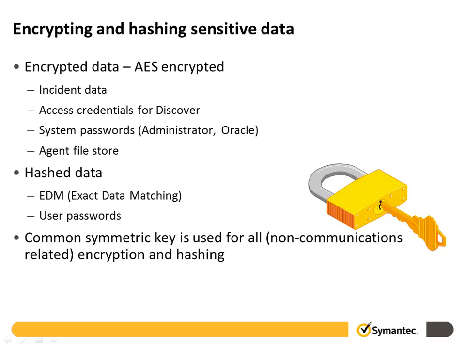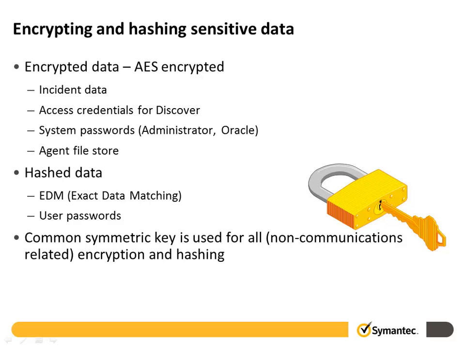With regards to the encryption and hashing of sensitive data, we use AES encryption to encrypt incident data, the access credentials for our Discover scans, system passwords such as the administrator account and Oracle accounts, and the secure agent file store, which is a component of the endpoint agent, which you'll see later on in this course.